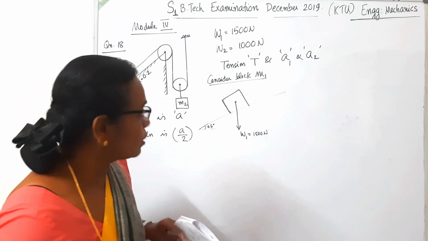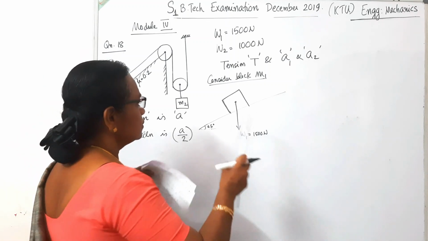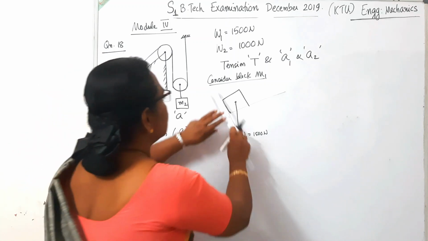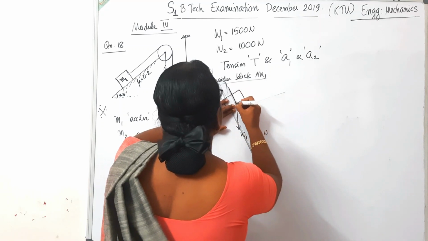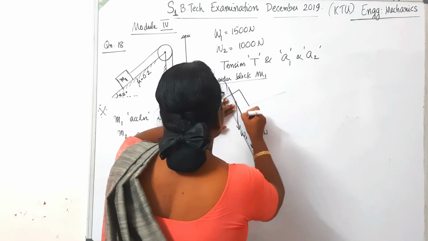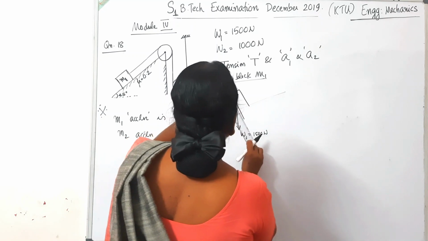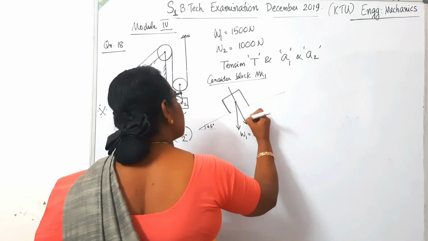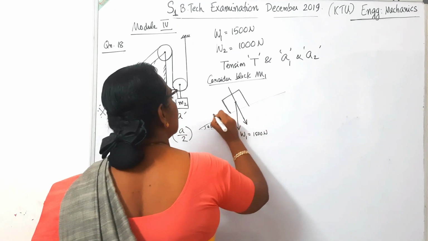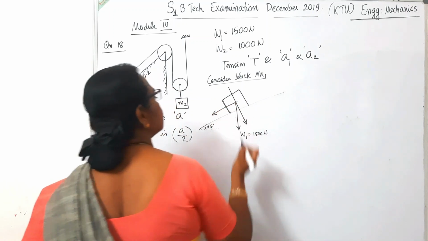Now, what are the components of it? It can be split up into two: one component this way and another one along this.